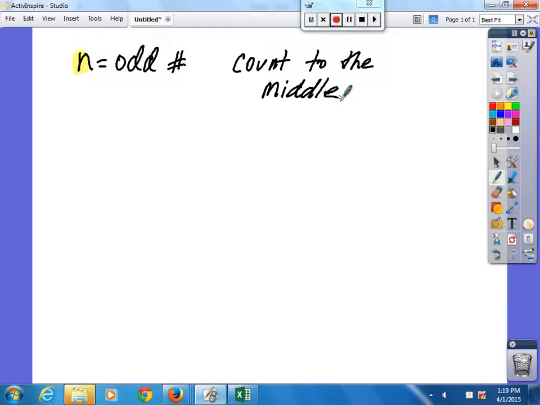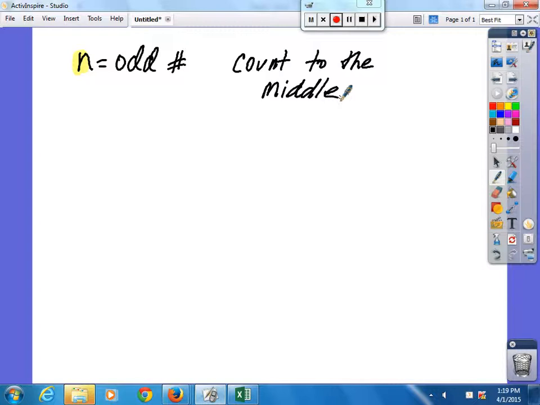So when n is odd, it's real easy. But when n is even, that's very confusing because that's not the middle. There's 9, so you count down to 4, and the next number is the middle.